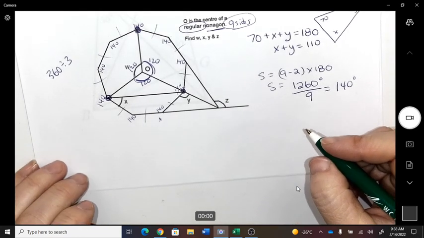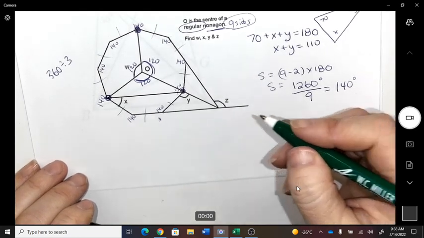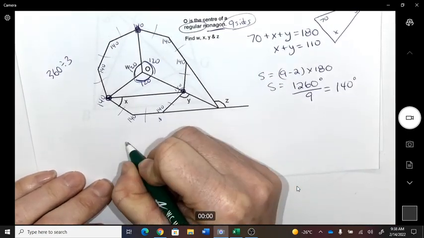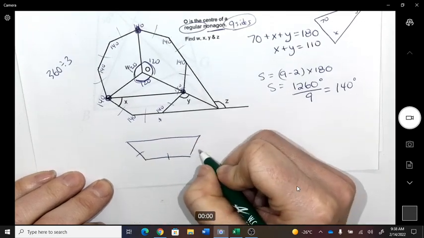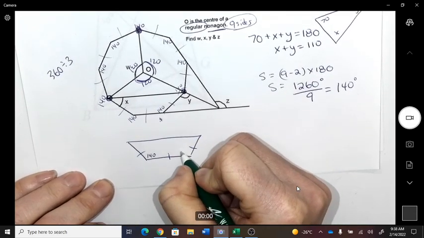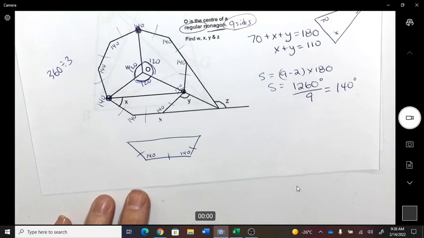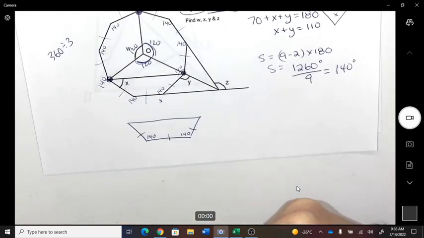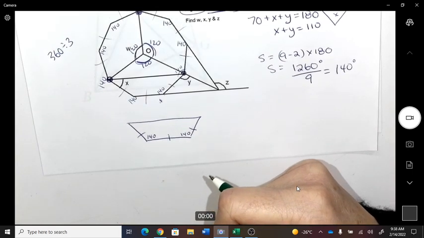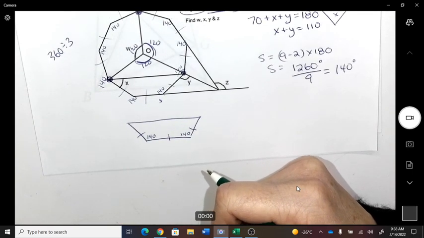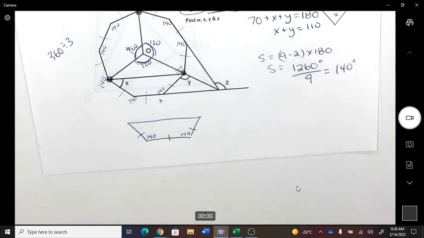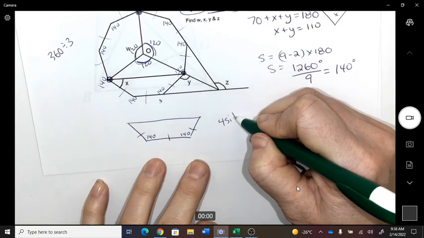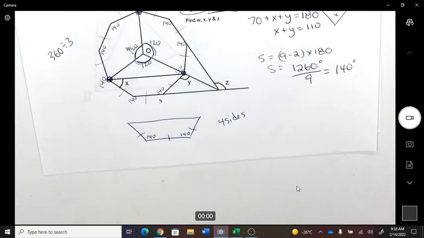Okay, let's get angle X. What do I know about this shape? There's 4 sides. Does anybody just know the number of a 4-sided figure?